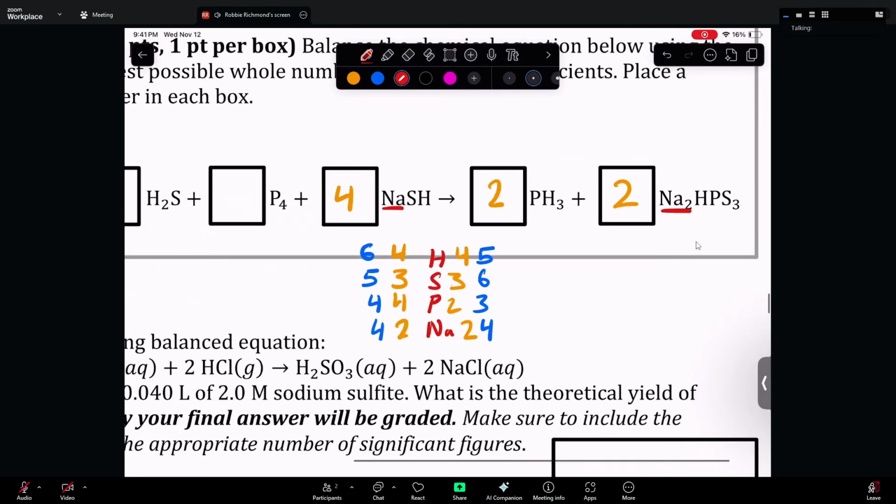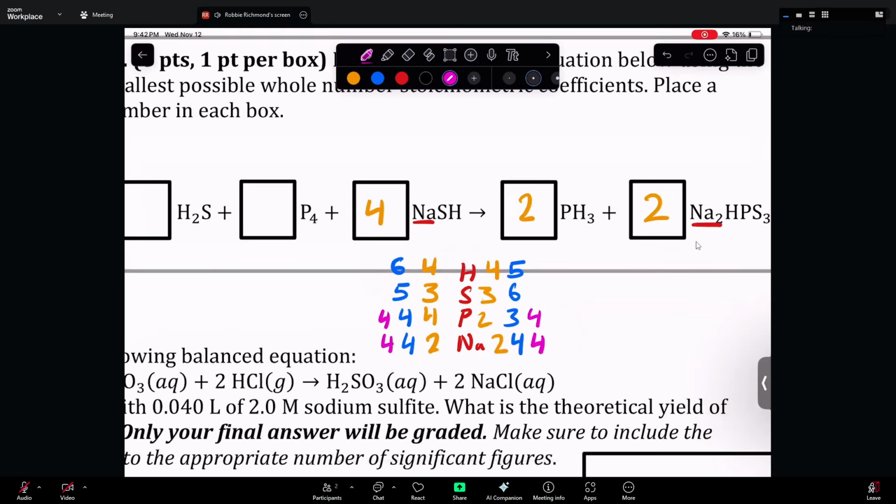I'm going to write this in pink. So now we're only affecting the hydrogen amounts for everything. So sodium, that's going to stay the same for both sides. Phosphorus, this now becomes a 4. Phosphorus in the reactant side still stays as a 4.